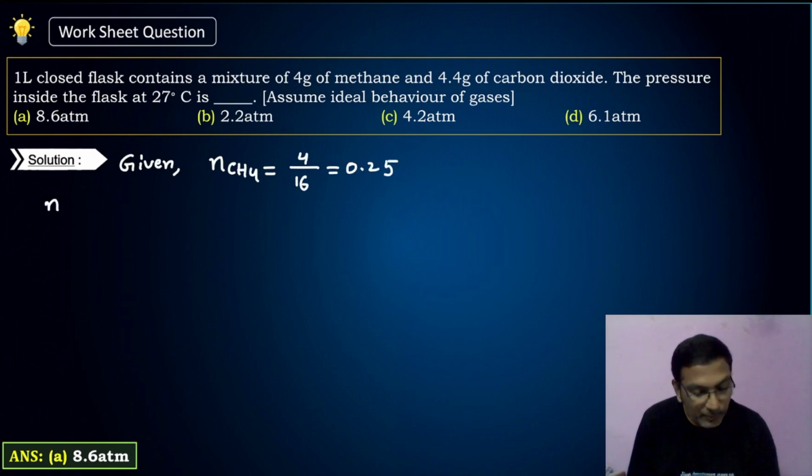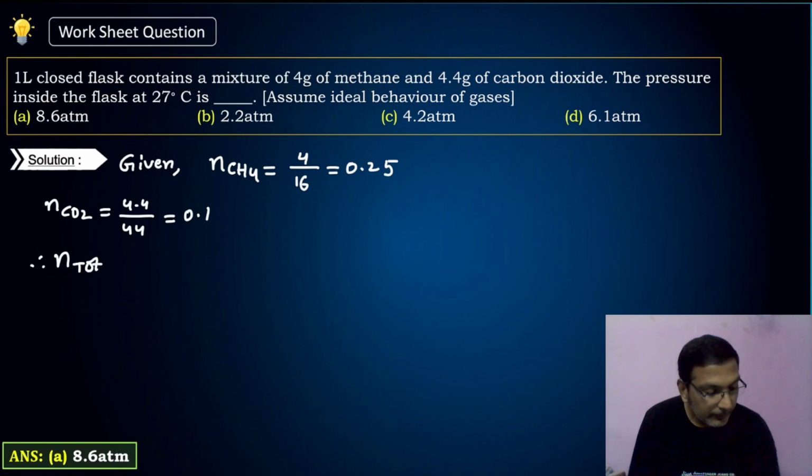Similarly, number of moles of CO2, given weight 4.4 by 44, which is 0.1. Therefore, total number of moles N total equal to 0.25 plus 0.1, which is 0.35 total number of moles.